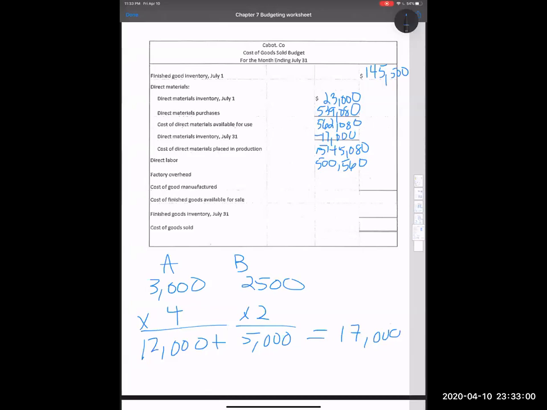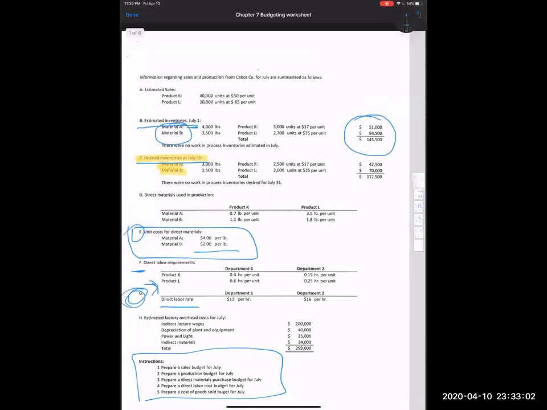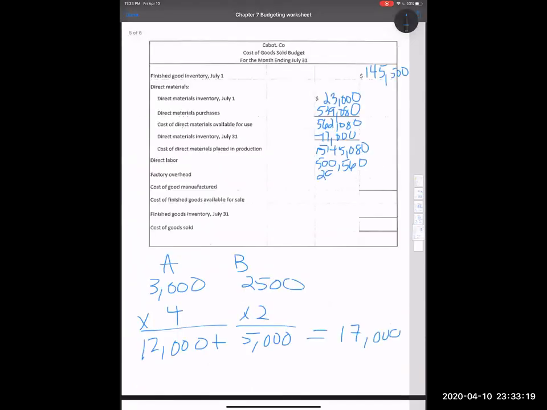Factory overhead, well, if I go here, we didn't do a budget per se for factory overhead, but in H, it tells us that our estimated factory overhead for July is all of these things. They've done the work for us, so our total is 299,000. That comes from there, okay? So that's what we're gonna put here, 299,000.